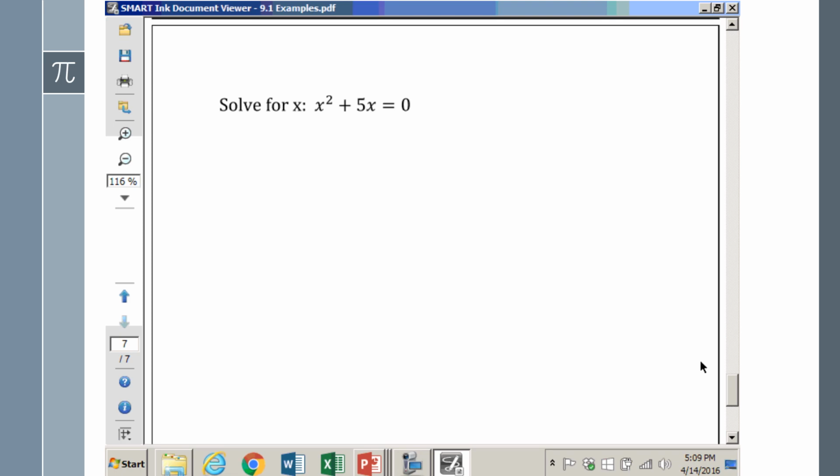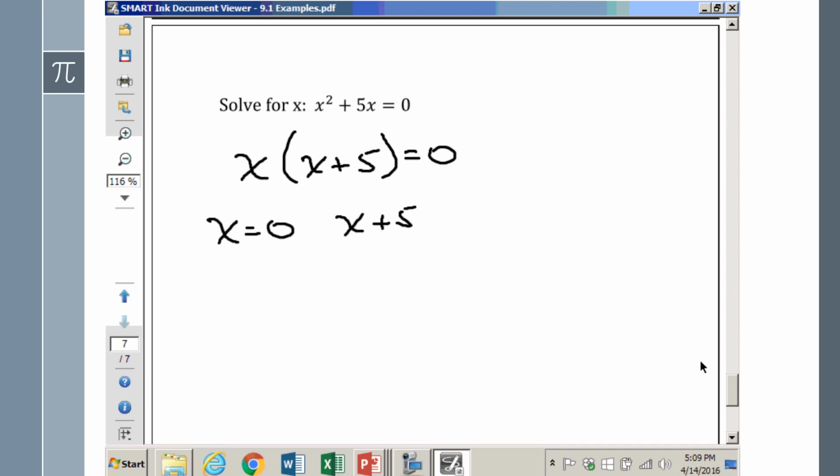In this case, we can factor an x out, so we would have x times the quantity x plus 5 is equal to 0. Now we set both factors equal to 0: x equals 0, x plus 5 equals 0. Therefore, x is equal to 0 and negative 5. Easy problems to do. Good luck.